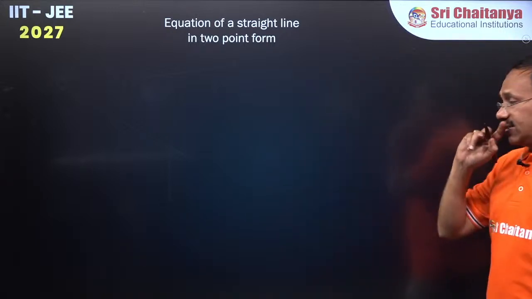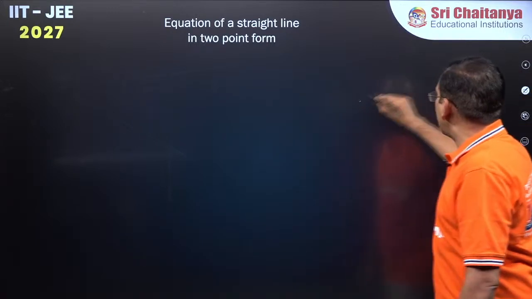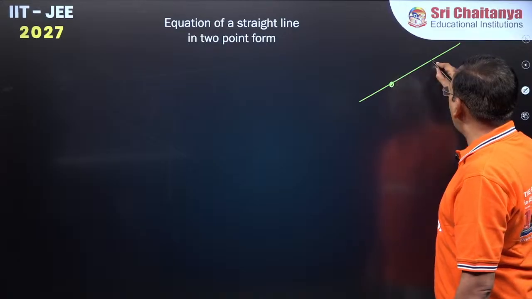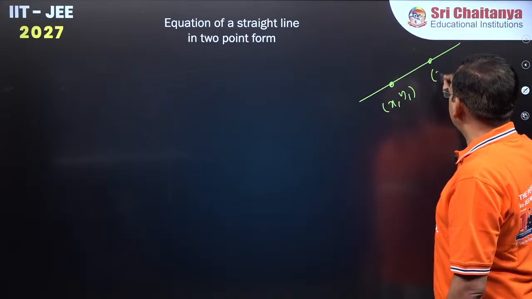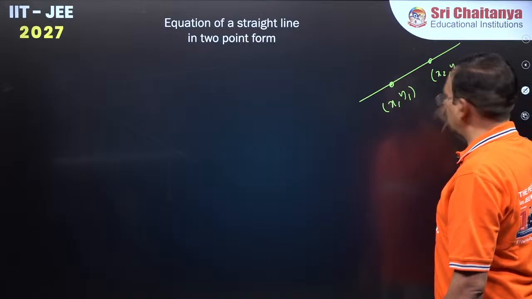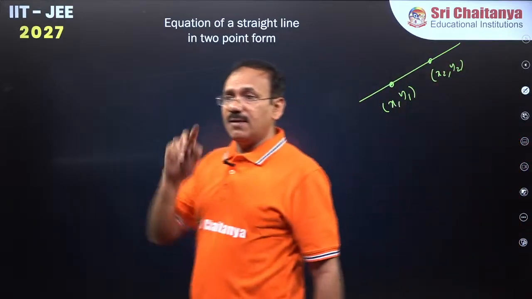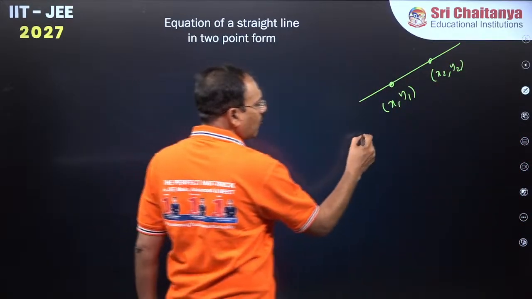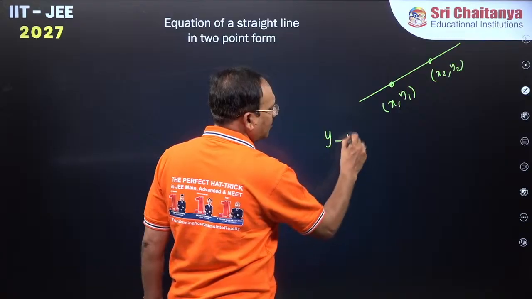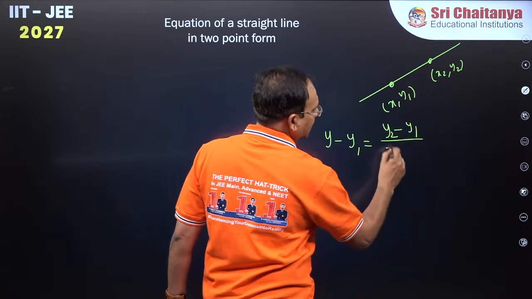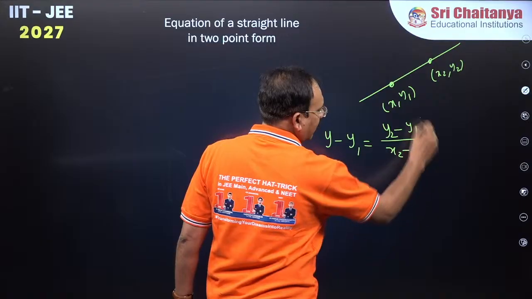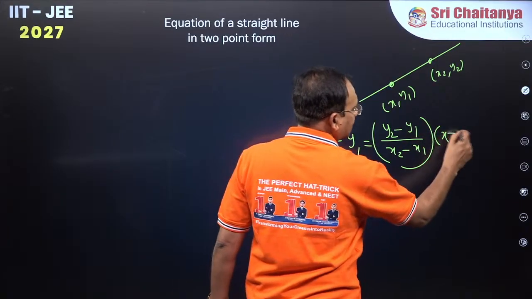2-point form means this time you will be given 2 points on the line. Suppose one point is x1, y1, and the second point is x2, y2. Here the slope is not available. First you can apply the formula y minus y1 is equal to y2 minus y1 by x2 minus x1 into x minus x1.